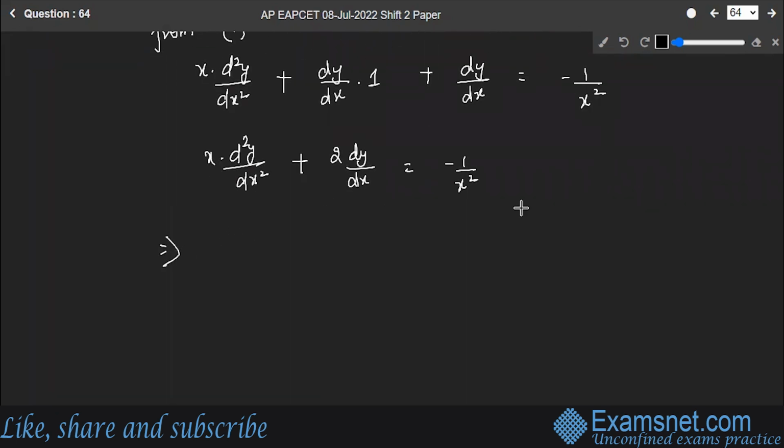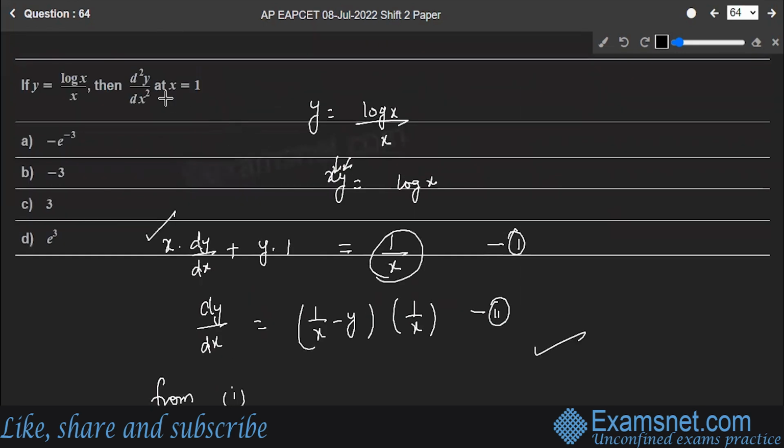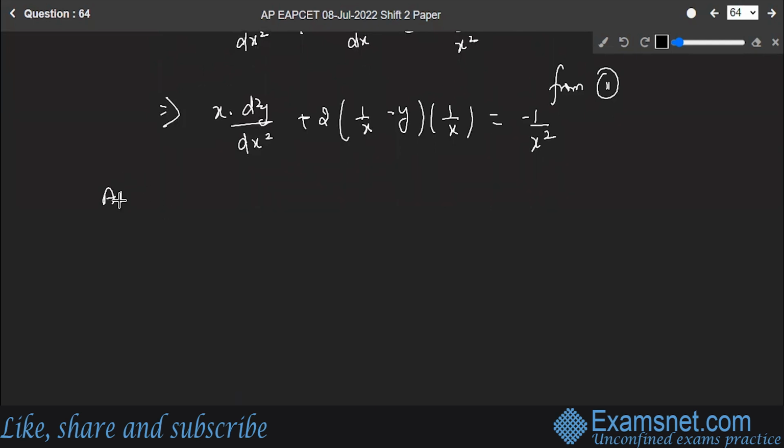So from 2, x into d square y upon dx square plus 2 into 1 by x minus y into 1 by x is equal to this. Now you have to find out the second derivative at x is equal to 1. It's given in the question, right? So at x is equal to 1, this can be written as 1 into the second derivative of the function plus 2 into 1 by 1 minus y.